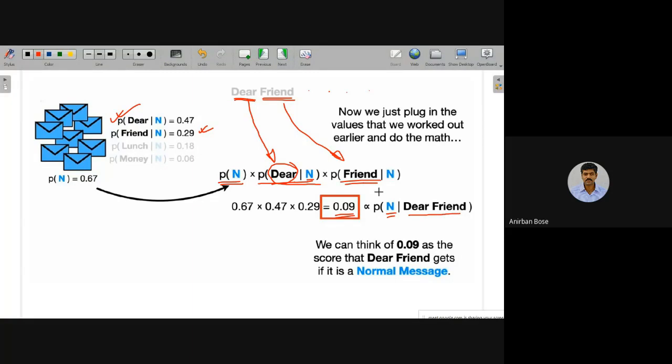Given that it is "dear friend", what is the probability of the normal message? So this is the thing that we have to compare to decide whether it is a spam or not. So we have got 0.09. We can think of this 0.09 as the score that "dear friend" gets if it is a normal message.